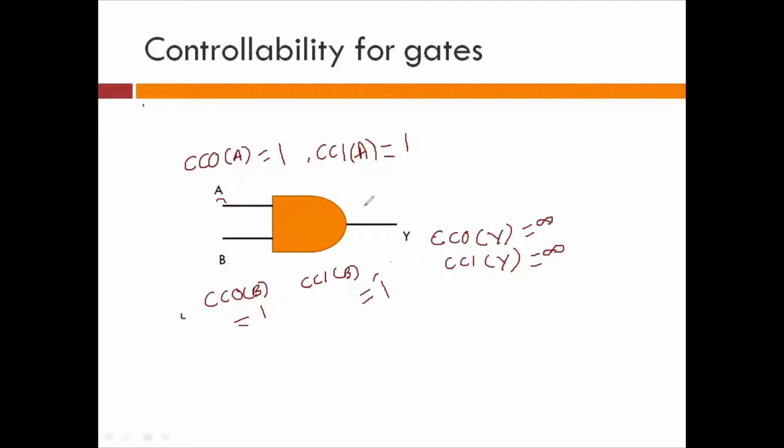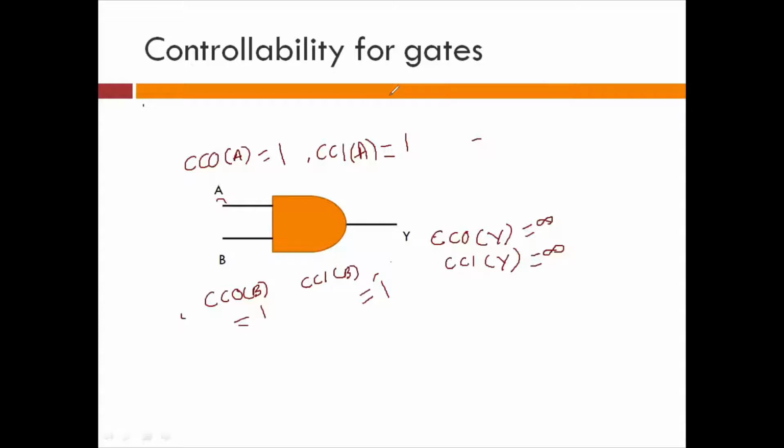Now we have to calculate for the output. We know that if I want to get the value 0 at point Y, what do I need? I need any one input to be 0.